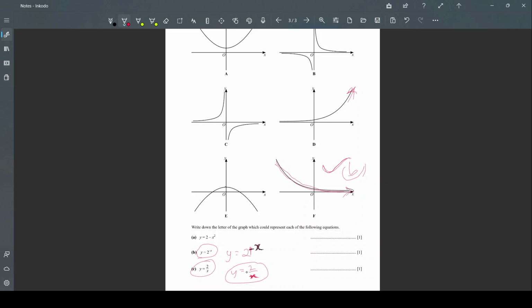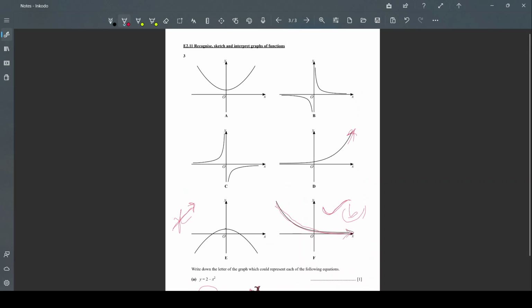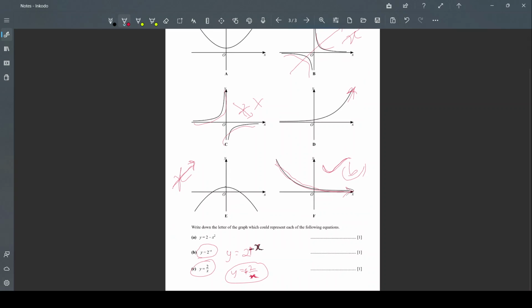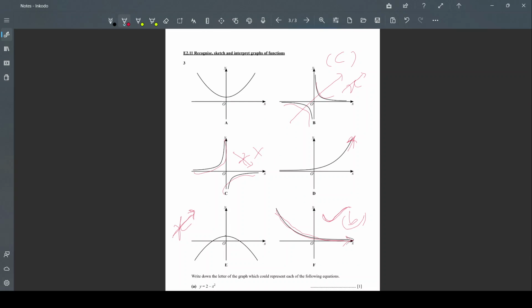Because it's a positive value of x, you have to go for this x, the one I told you which looks at the top. Because this x is falling down, this x looks like this one, so this will not be the answer. We have to take this x that goes up, right? So definitely this will be the answer for c.